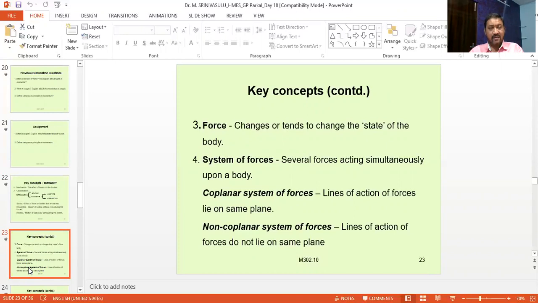The state may be of two types. The body may be at rest or the body may be in motion.